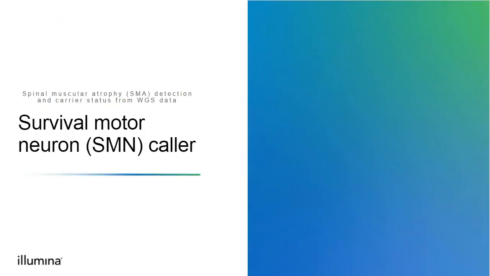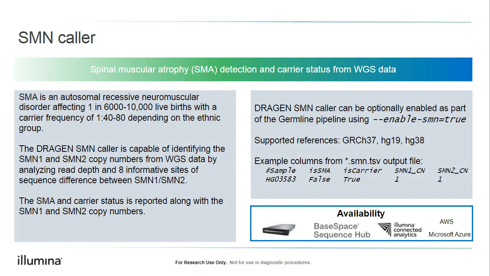I want to also highlight a major update that we have made for the SMA caller in DRAGEN. As you are aware, SMA is a neuromuscular disorder, and it affects a fairly large number, 1 in about 6,000 to 10,000 live births. And there is also a carrier frequency of about 1 in 40 to 80, depending on the ethnic group.